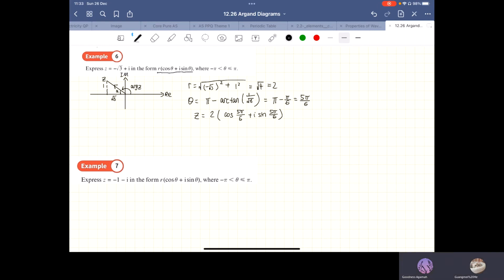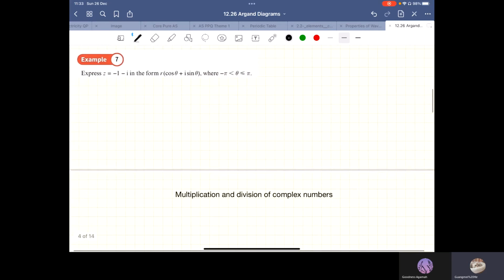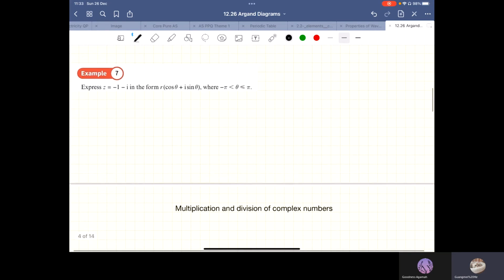And we should move on to example 7. It's pretty similar, but in another quadrant we're working with. Let's have a go. Actually, I should change to another color. More festive color. Express z equals -1 minus i in the form r times cos theta plus i sin theta.